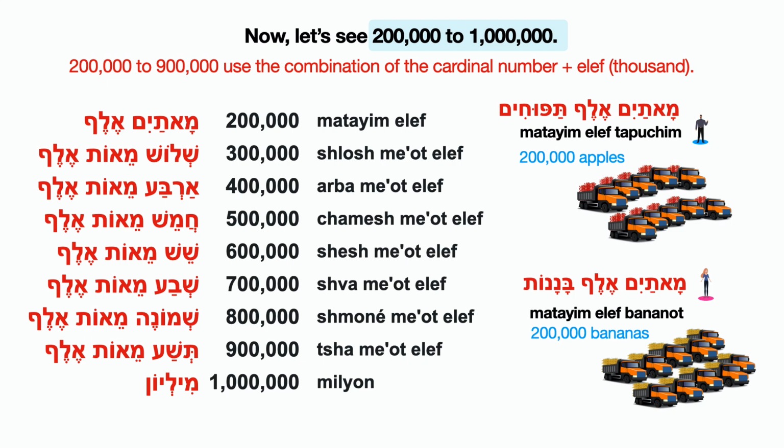Now, how about 400,000 apples and 400,000 bananas? So 400,000 tapuchim, that's 400,000 apples, and 400,000 bananot, that's 400,000 bananas.